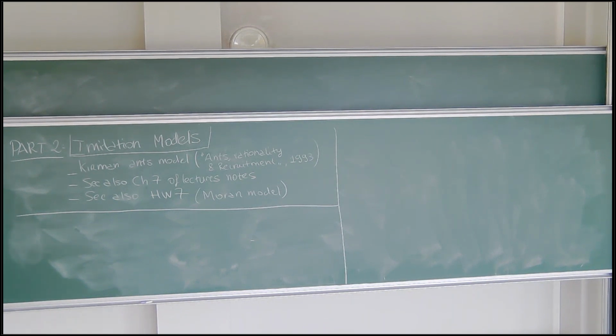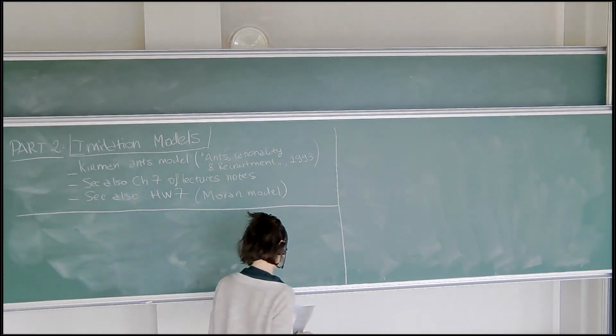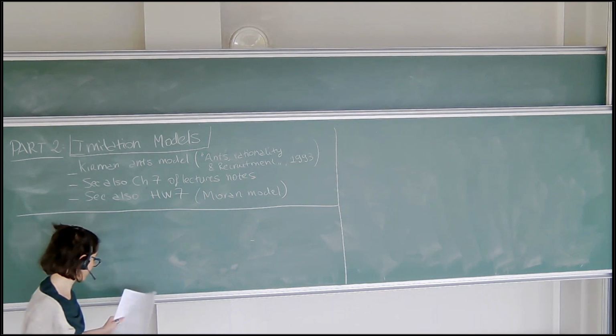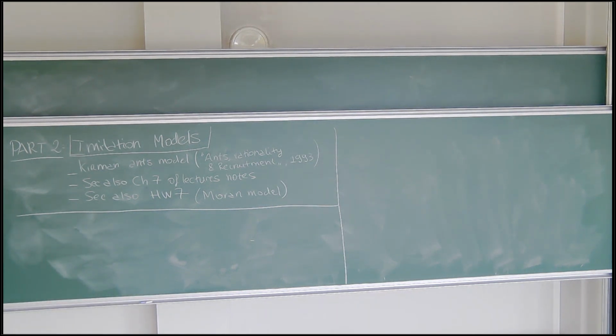So let's describe the model. What are the rules of the game? You have many agents that interact with each other, and which are of two types.